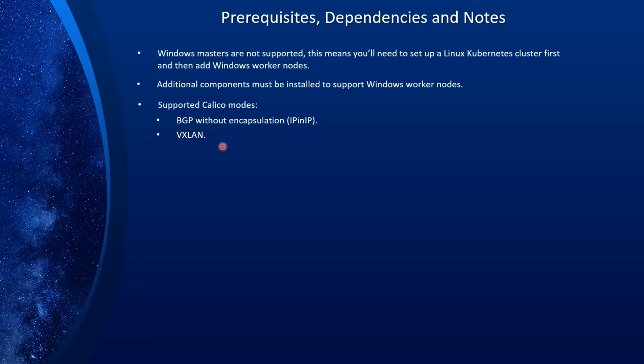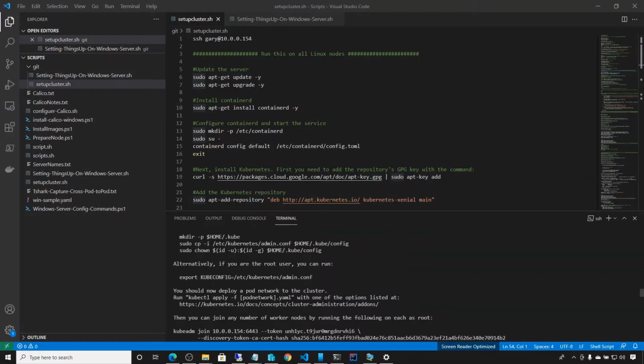Okay, next we are going to the terminal and actually start setting up our cluster. So let's take a look at the script that needs to be run in order to set up our cluster first, and then the things that we need to do to ensure that the cluster is ready to accept a Windows node. We need to do some prep work here.